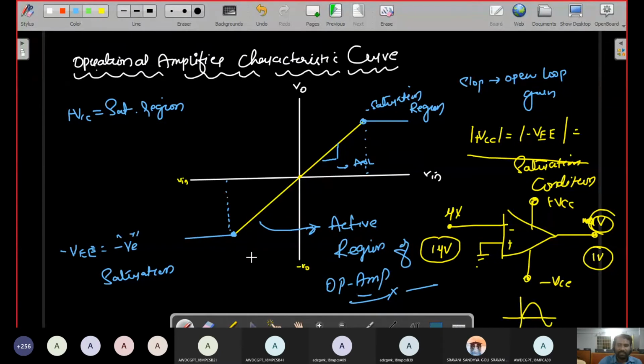Okay, so please note everybody. After this class I will discuss some important definitions, and it is also called the characteristics of operational amplifiers.